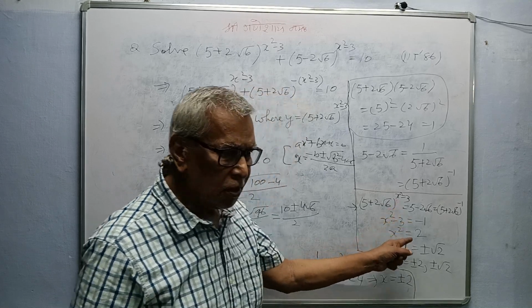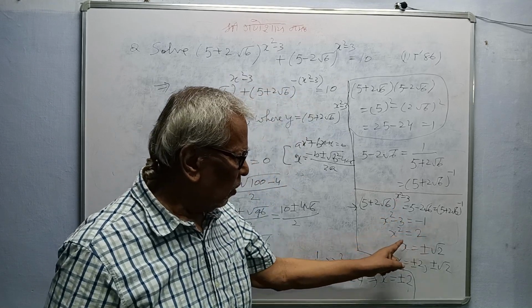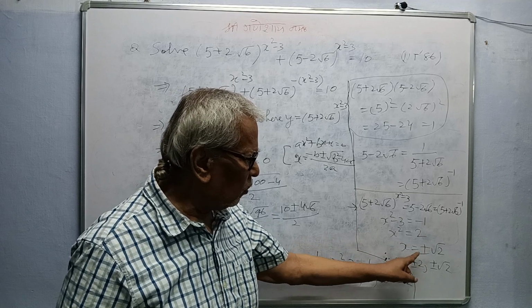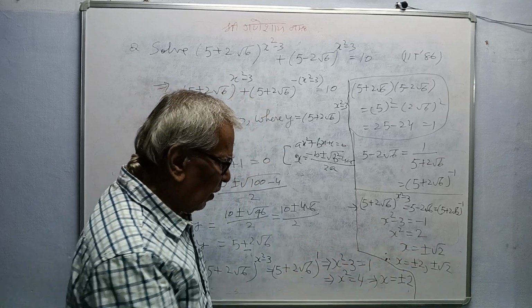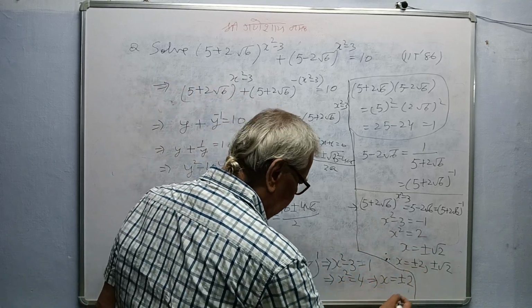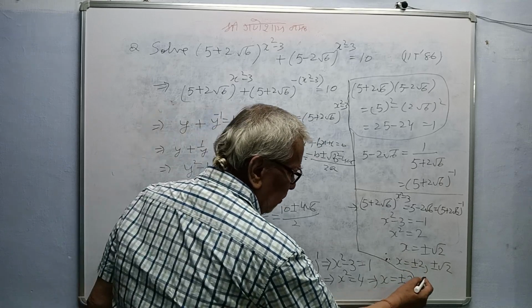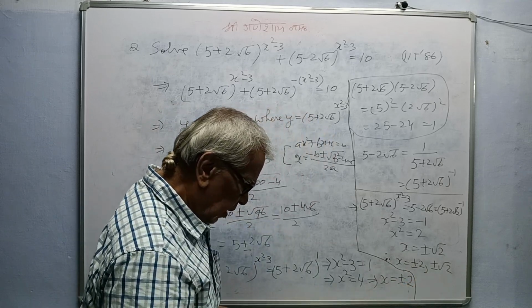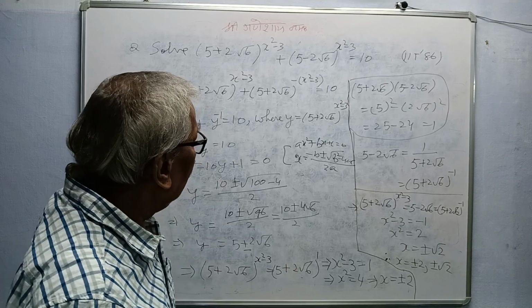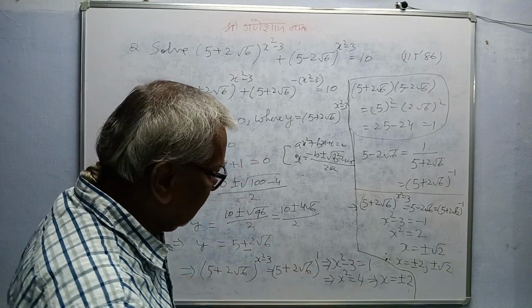So x square minus 3 is equal to minus 1. So x square is equal to 2. So x is equal to plus minus root 2. Hence, x is equal to plus minus 2 from here and x is plus minus root 2 from here. Now we can check it also by putting these values.